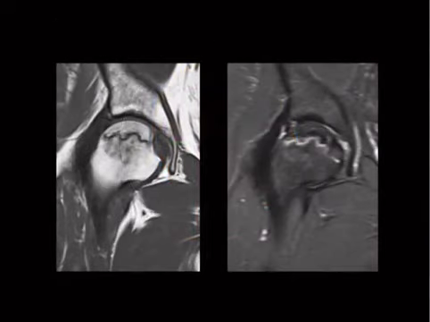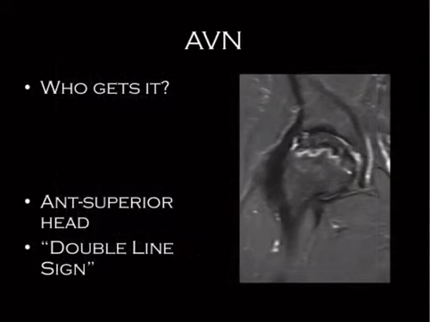Here's another cause, and this is more classic, right? We've got our serpiginous line, and then this is a so-called double line sign. We've got a dark line with a bright line right underneath of it. That's like 100% sensitive or specific or something for this AVN. So who gets AVN?